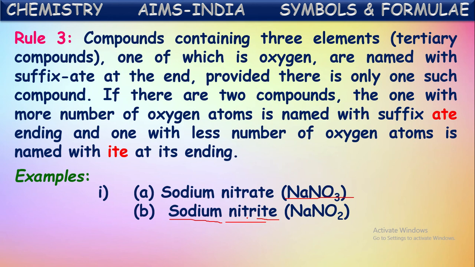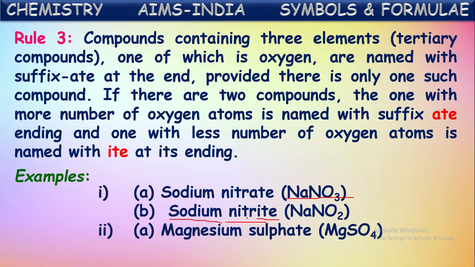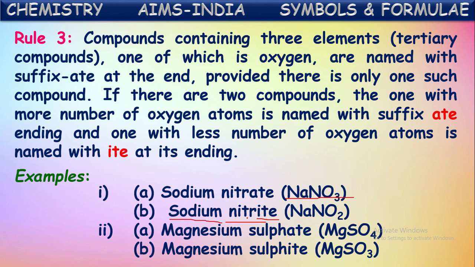Okay, let us see one more example on the same. See, magnesium, sulfur and oxygen. This combination can form two compounds, MgSO4 and MgSO3. In these two, the first compound has more oxygen atoms. Now first in this naming, we write the metal's name, magnesium.